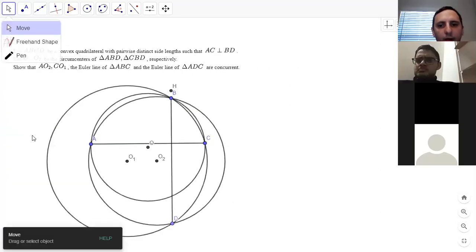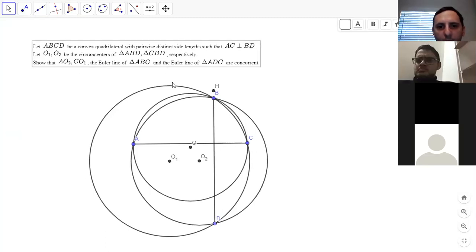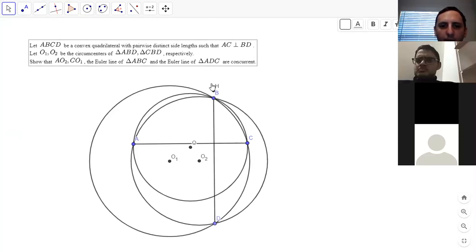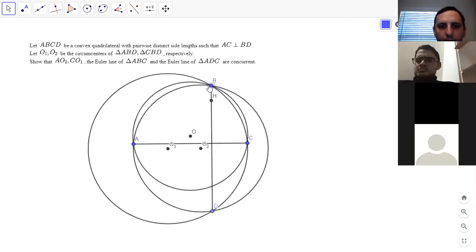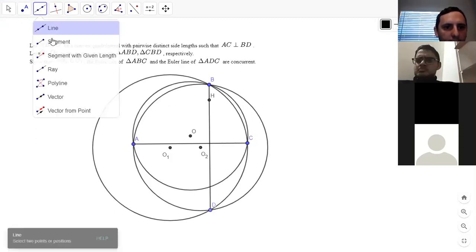I'm going to send out all the GeoGebra files after the session. If you give me your email, or I already have it, I'll send these files to everyone so you'll have all the problems. Okay, so we want to show that OH, AO2, and CO1 are concurrent.